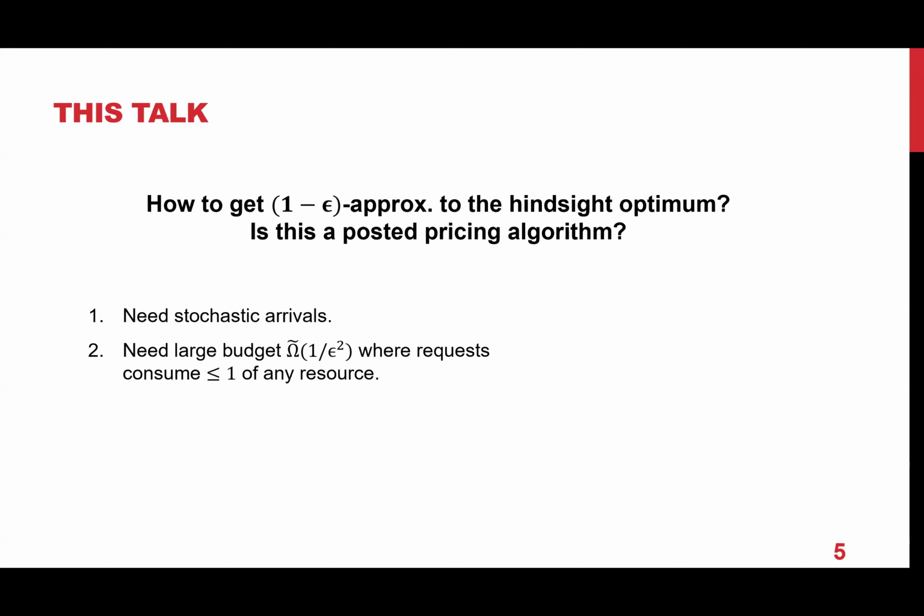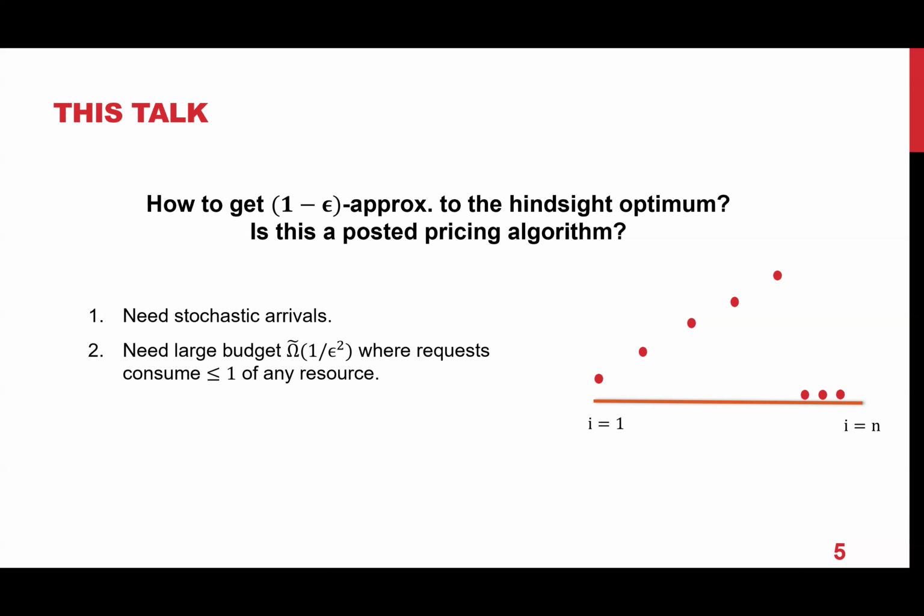Good. The reason you need some kind of stochastic arrival is the typical example: if you had no idea about their valuation, so they're fully adversarial, then you can always construct bad examples of the kind where the first request generates you $1. If you meet it, the second request generates $1 billion, then a billion square, a billion cube. It keeps increasing up till some point, and then you get all zeros. And your algorithm doesn't know when to stop.